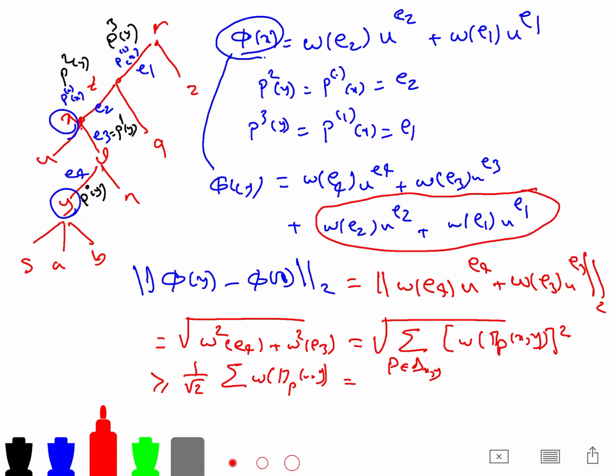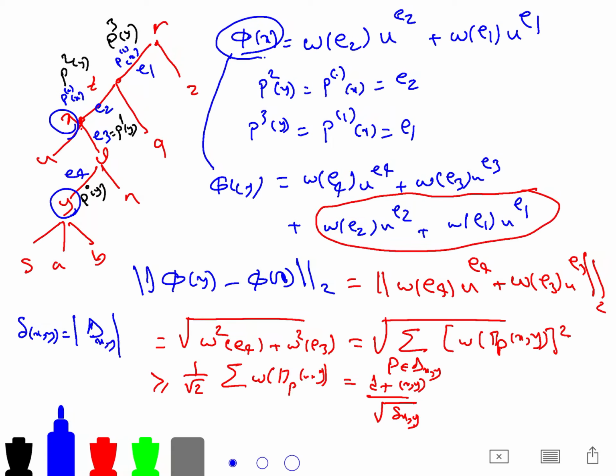So this becomes the distance between x and y divided by square root of delta x and y, where by definition delta x and y is the cardinality of all of the paths between x and y, which in this example is just 2.